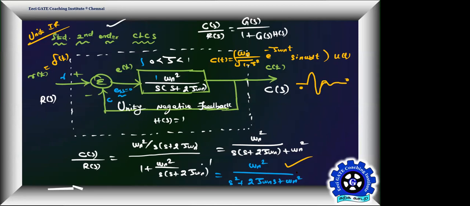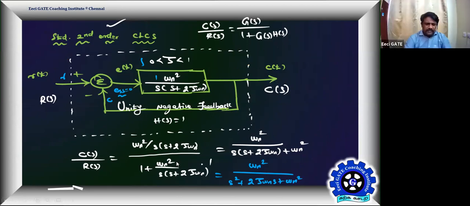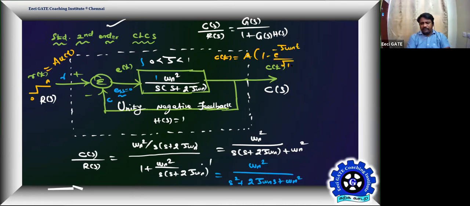Then for the same structure excited by a step input A·u(t), giving a step change from 0 to A, and K equal to 1, we know our c(t) becomes A times [1 minus e^(-ζωn t)/√(1-ζ²) · sin(ωd t + θ)] · u(t) as the response.